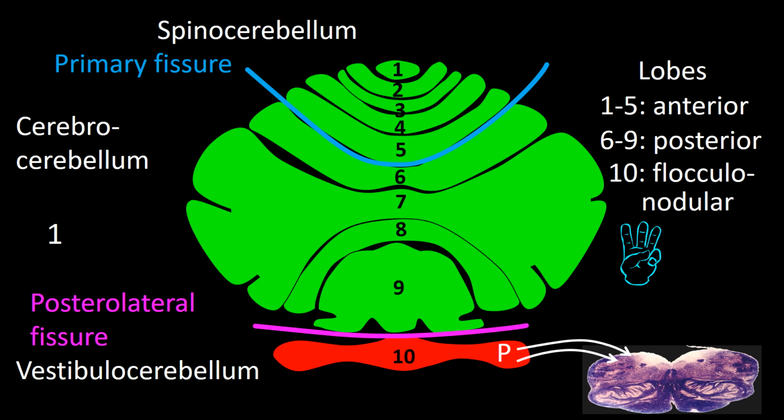And 3. Purkinje cell axons leave the cerebellum to synapse with the vestibular nuclear complex. This is the only instance in which Purkinje cells do not contact deep cerebellar nucleus neurons. These 3 points are important to remember for your exam.